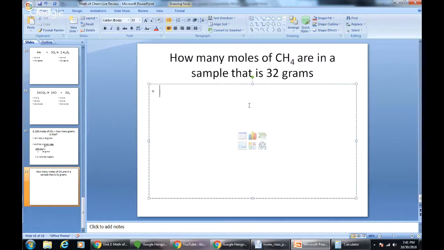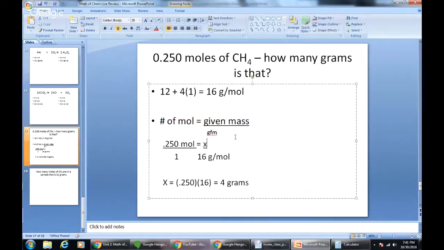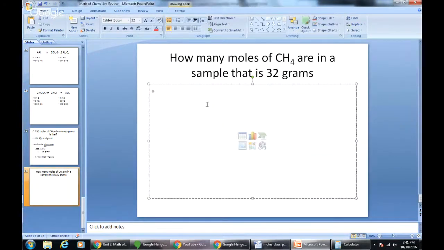First things first, write down the mole equation. And I'm just going to steal it from over here. The mole equation's on Table T. Number of moles equals given mass over GFM, gram formula mass.